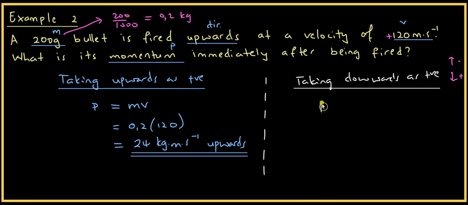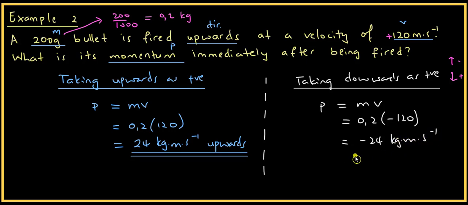So I then substitute into my equation here. 0.2 is the mass. My velocity is negative 120 because it's going upwards. So I get negative 24 kilogram meters per second. Then I must now rewrite this.